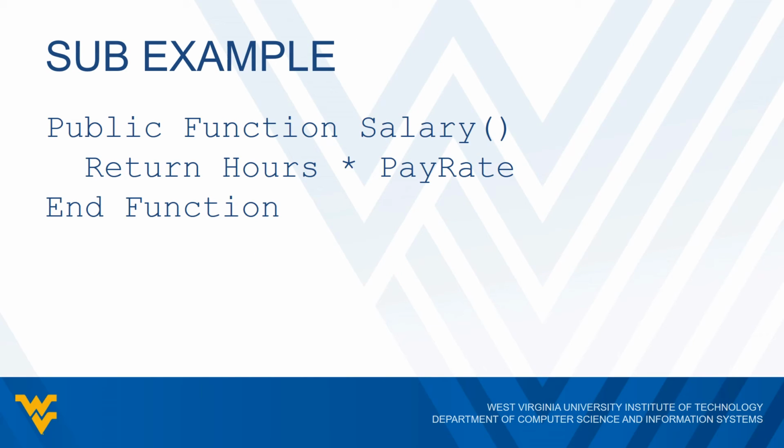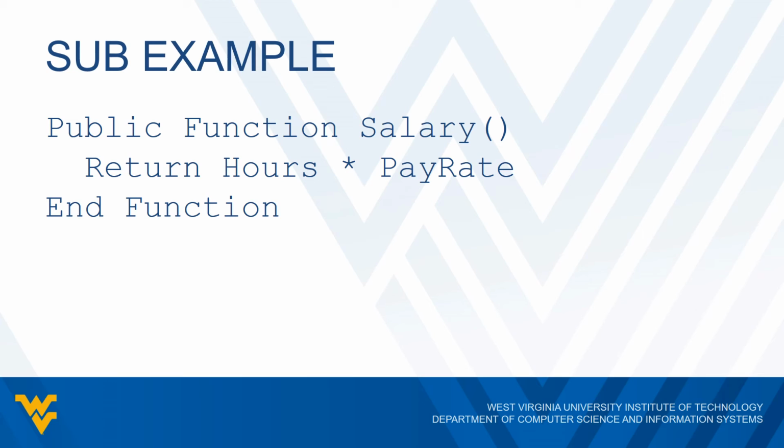Here's an example of a function where we're going to compute the salary of an employee. So we have public function salary, and then we have parentheses in there. Nothing out of the ordinary. We end this with end function, just like any other function we would use in Visual Basic. And we see that we're going to return the hours times pay rate.